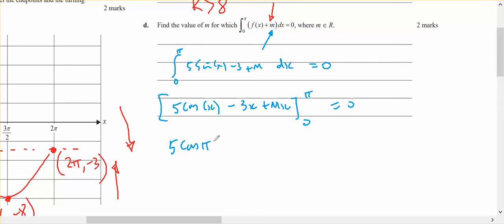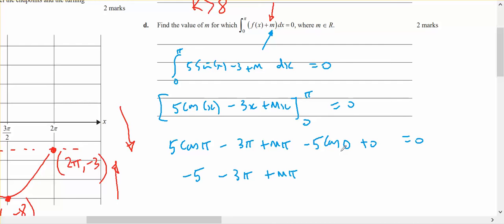Negative 5 cos of pi minus 3 pi plus m pi, minus negative 5 cos of 0 plus 0 equals 0. Cos of pi is -1, so plus 5 minus 3 pi plus m pi.